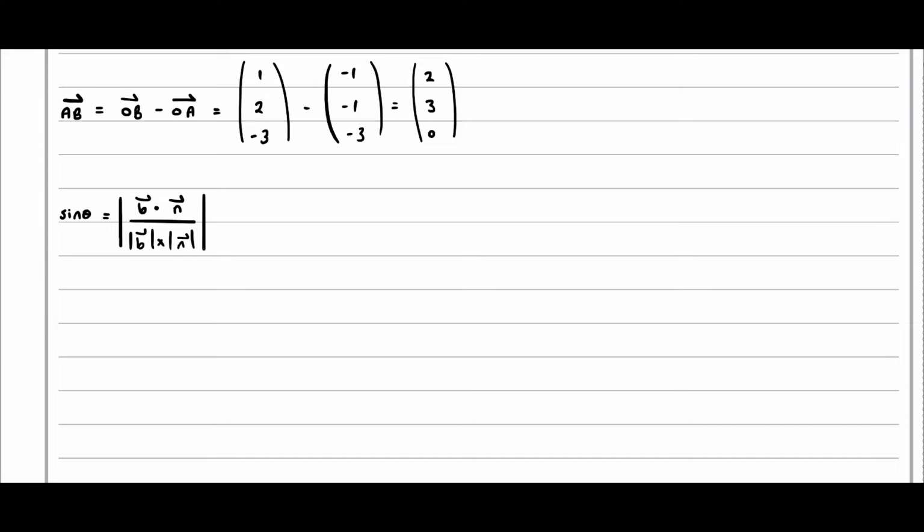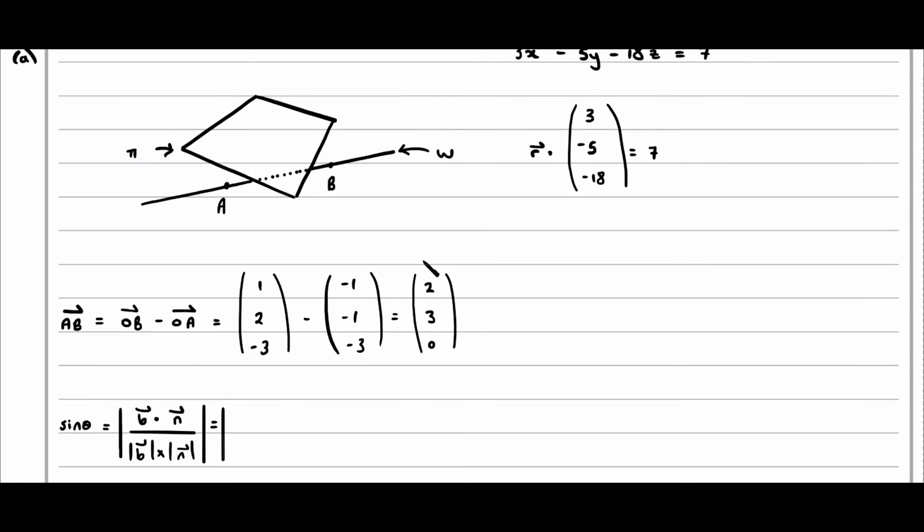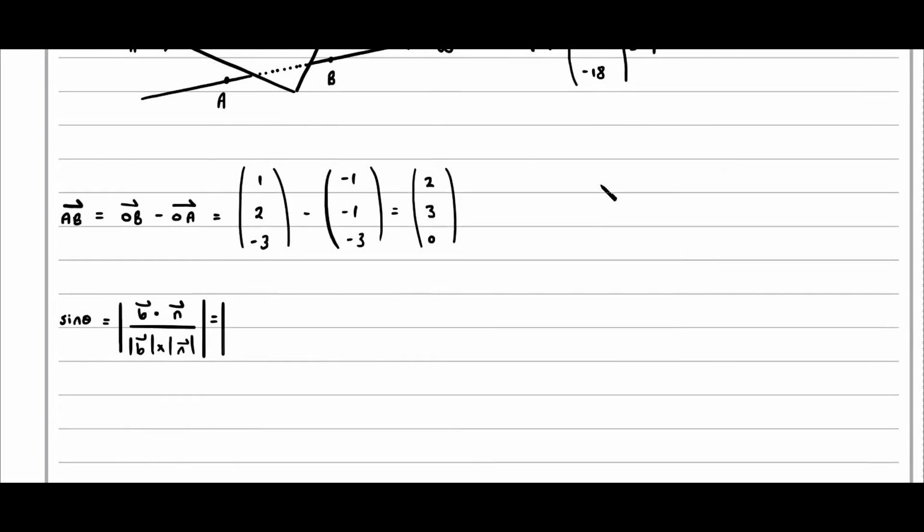So what we need to do in this question then is work out b dot n and the magnitude of b times the magnitude of n. Now when we say b over here, that refers to the vector AB. So if we work that out, remember the normal vector is (3, -5, -18).